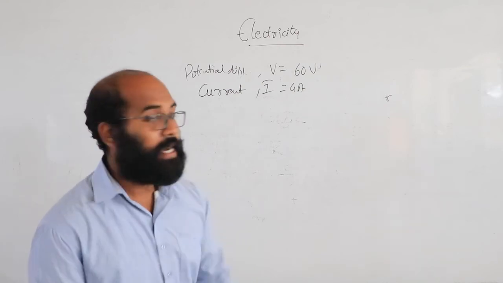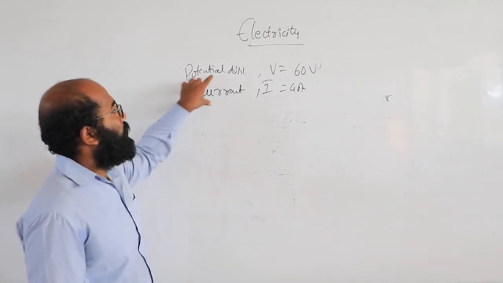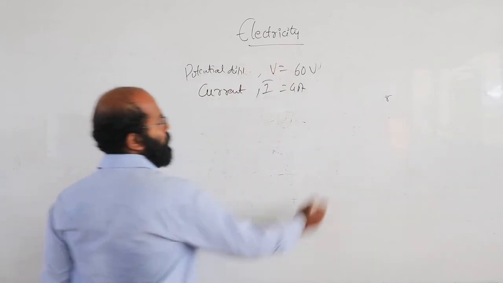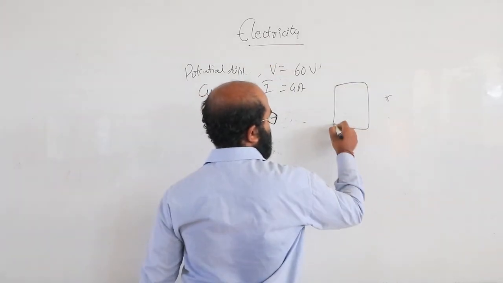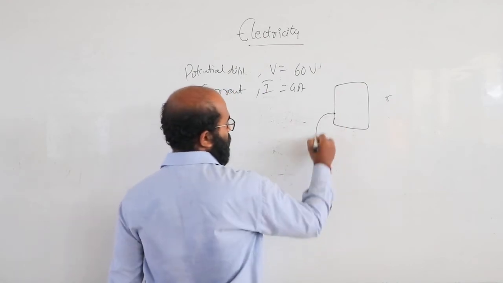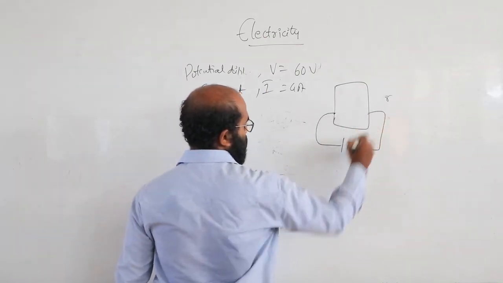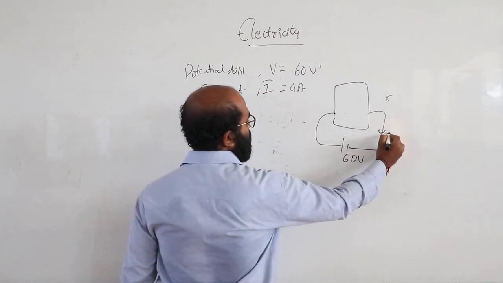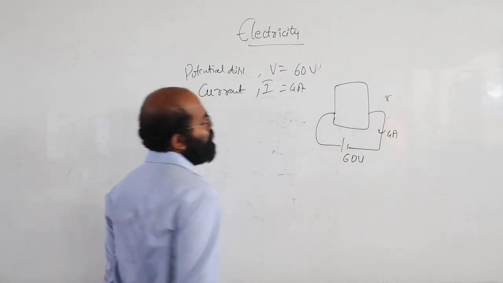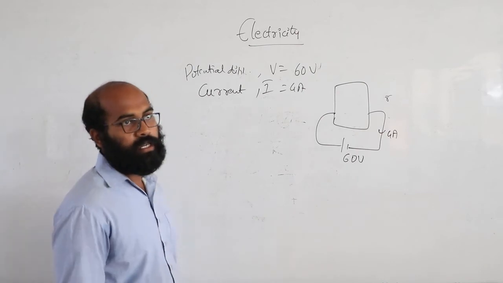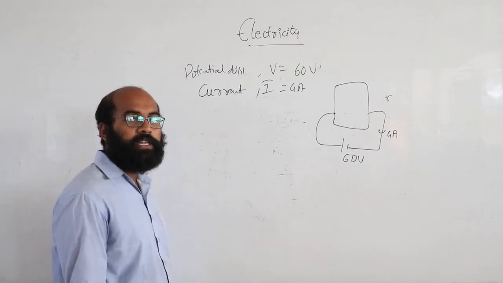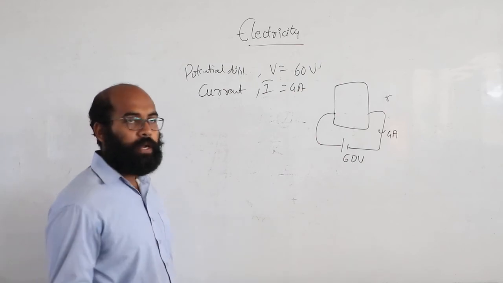So there is a heater. When the potential difference is 60 volt, the current that is flowing is 4 ampere. What they are asking is, how much current does it draw if the potential difference is increased to 120 volt?